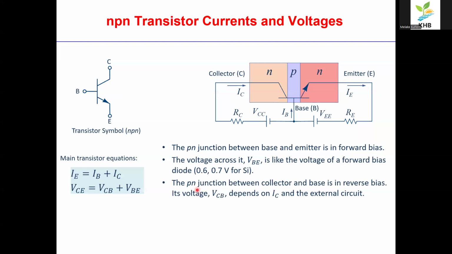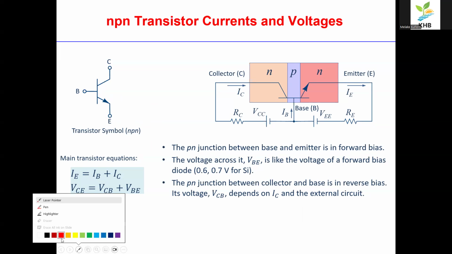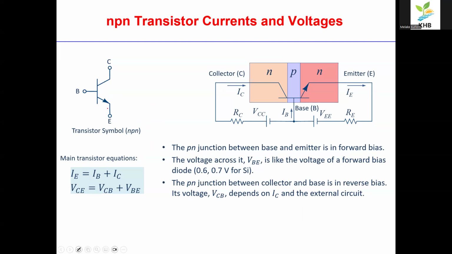Let's skip this one. If we look at NPN transistor currents and voltages, this is the way we're going to assess for today. Okay, so I emitter is the current flowing downwards to the emitter side. I emitter is IB plus the current coming from IC.